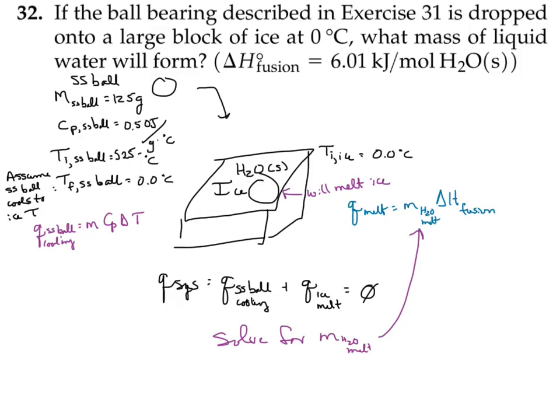So your stainless steel ball is going to cool down to 0 and give off energy. That energy is going to melt a certain amount of solid. Your system really isn't that complicated. You have the stainless steel ball losing energy, and the ice picking it up and melting. All added together, they're equal to 0.